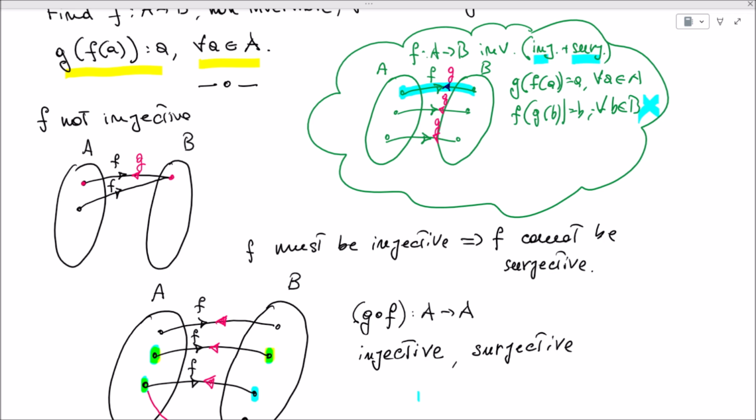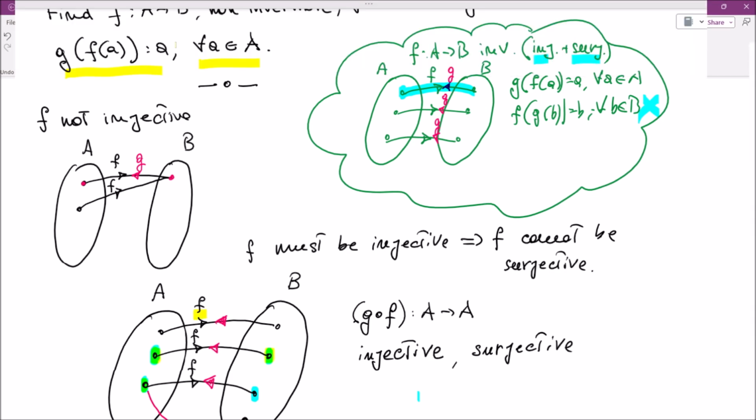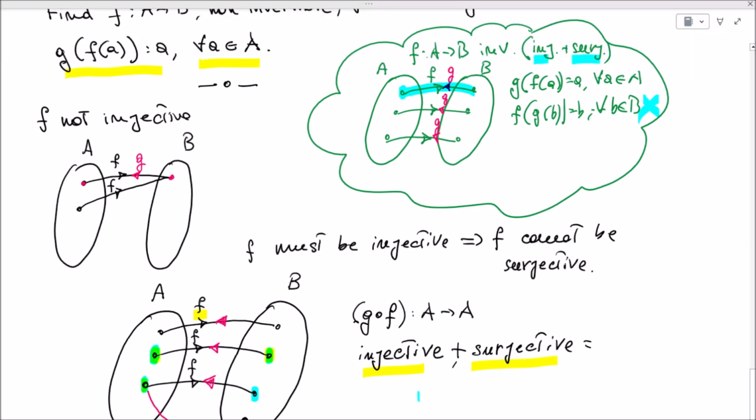But this is of course the case because f is being defined over the entire set A. So after applying g, we go back exactly to the element where f was originating from. So this function is injective and surjective. In other words, this function is invertible.